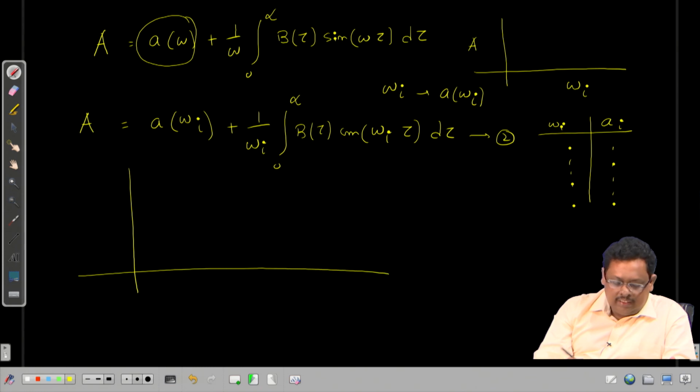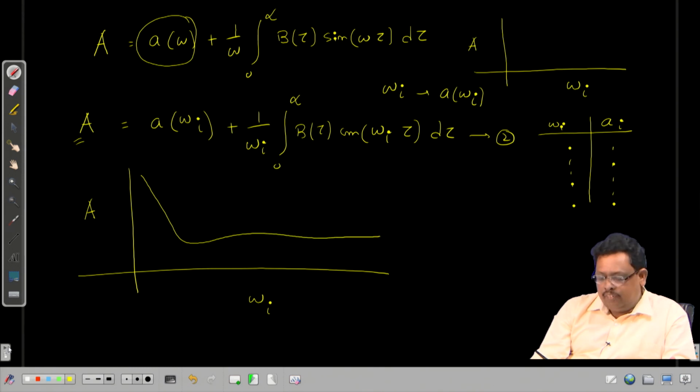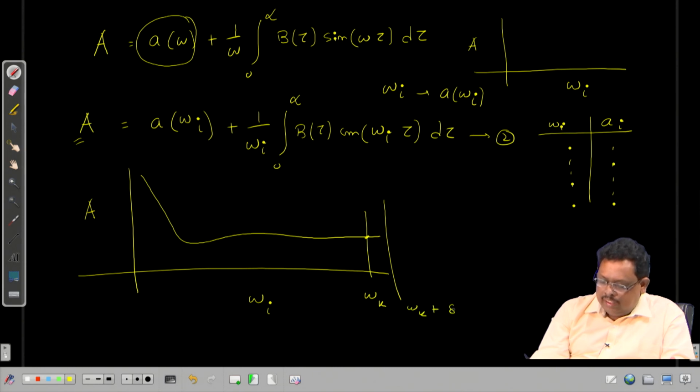Now, mostly what I am looking for is at which omega this value of A becomes constant. So, I expect the graph will look something like this. Let us say at some omega k this is the value of A, and at omega k plus delta k this is the next value.